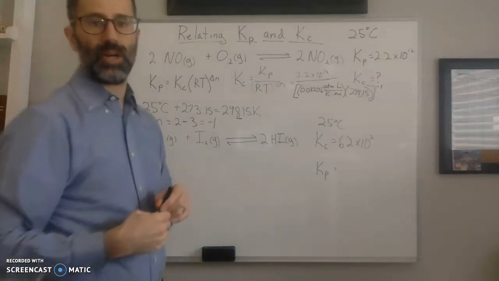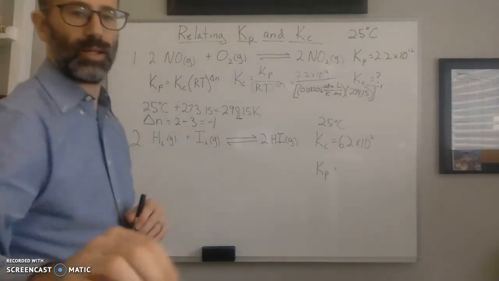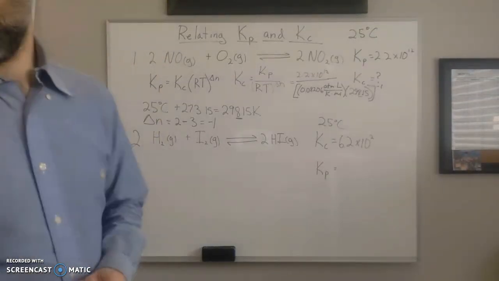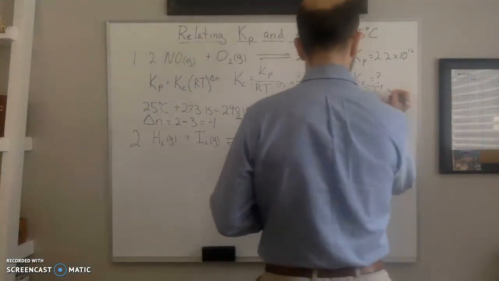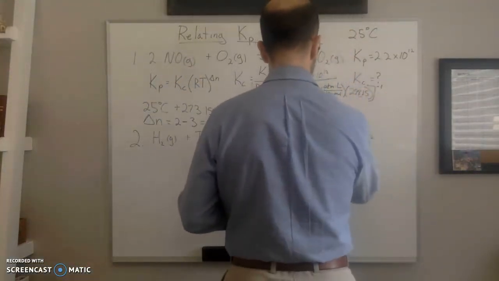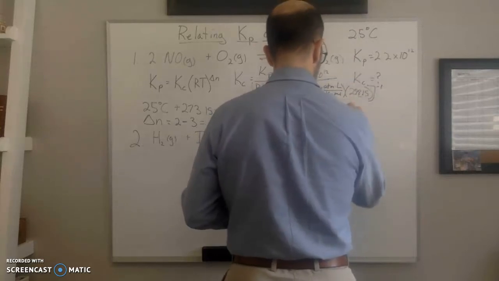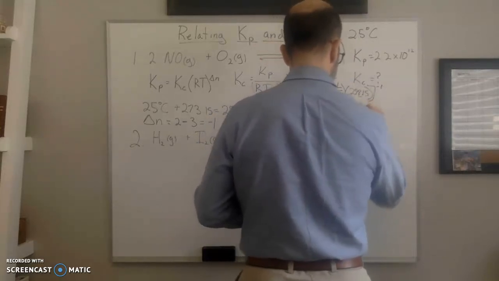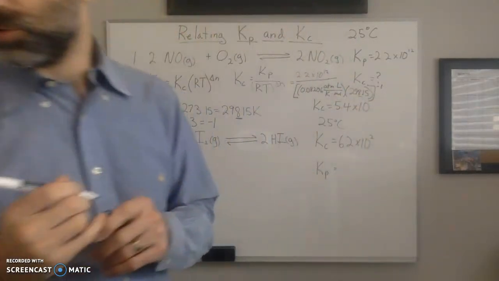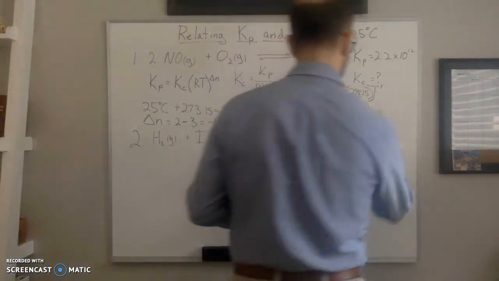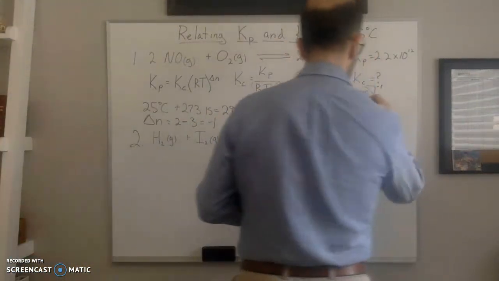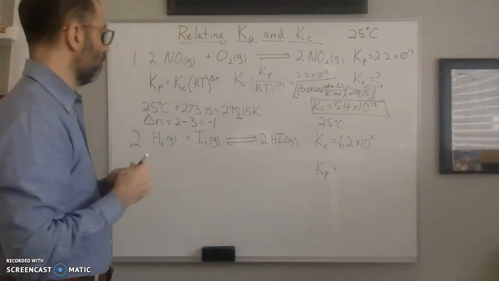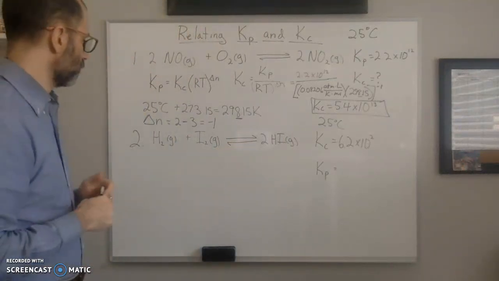So if we plug this into our calculator, we should be able to calculate it out. And that brings us to 5.4. So Kc is going to be equal to 5.4 times 10 to the 13. So this is the Kc from the Kp.